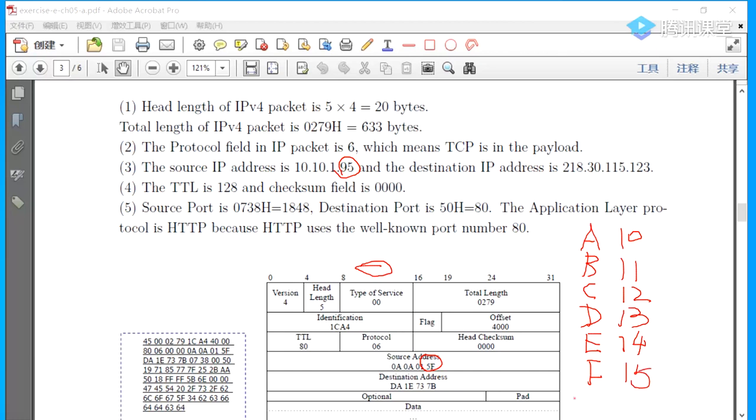So here 5F is 5 times 16 plus 15, right? So we can get it here. Do you understand?